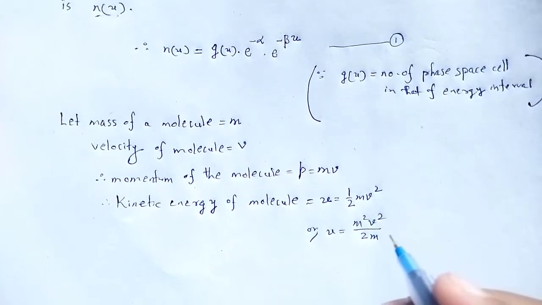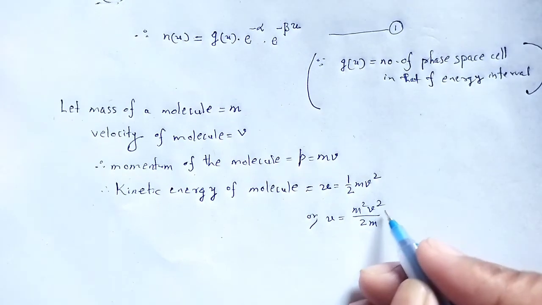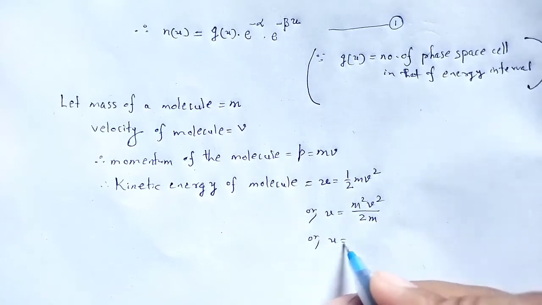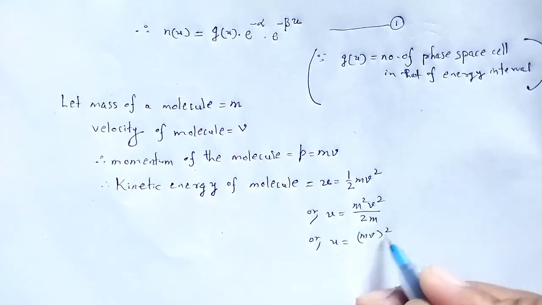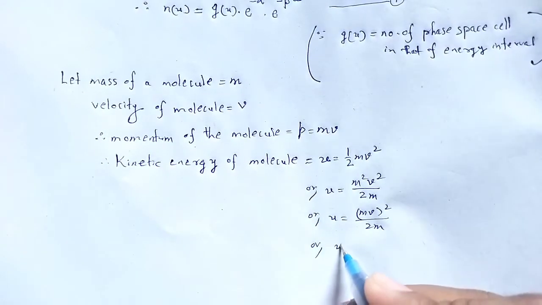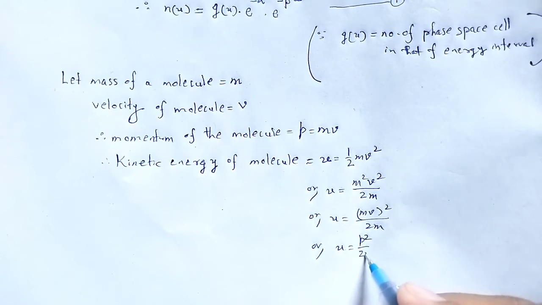There will be no such change; I just multiply by m and divide by m in the numerator and denominator. So U is equal to m square v square divided by 2m. In place of mv we substitute the momentum, that is p square divided by 2m.